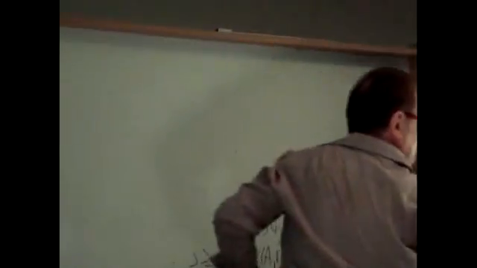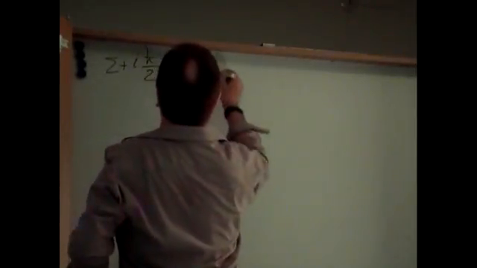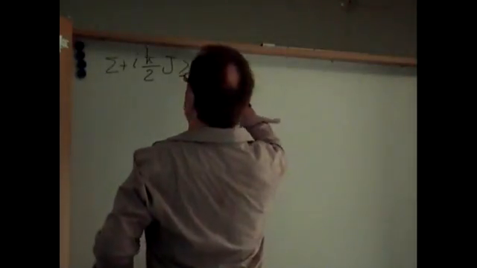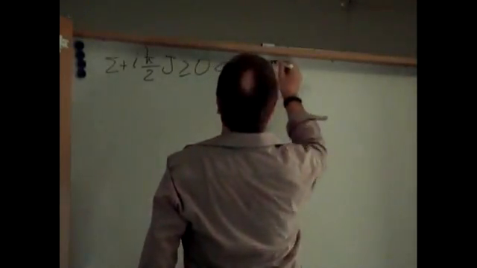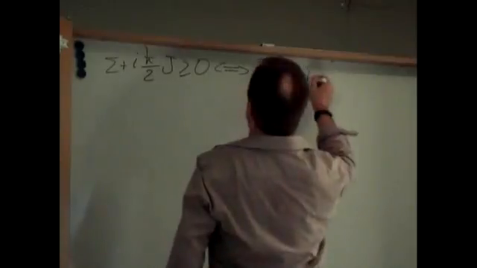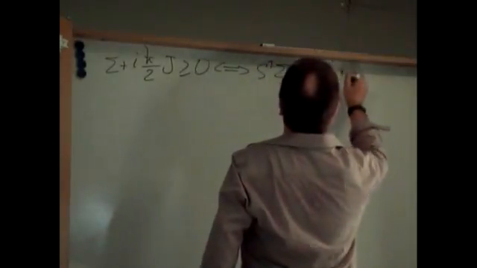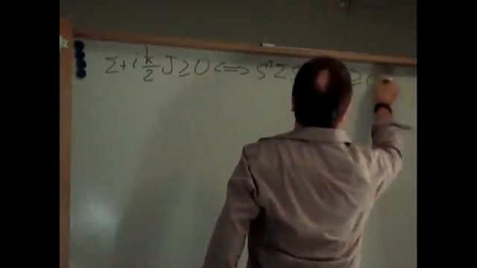But what then becomes apparent is that we have something which is invariant by symplectic transformations. Why is it so? I claim that sigma plus i h bar over 2 J larger or equal to 0 is equivalent to S^T sigma S plus i h bar over 2 J positive semi-definite.